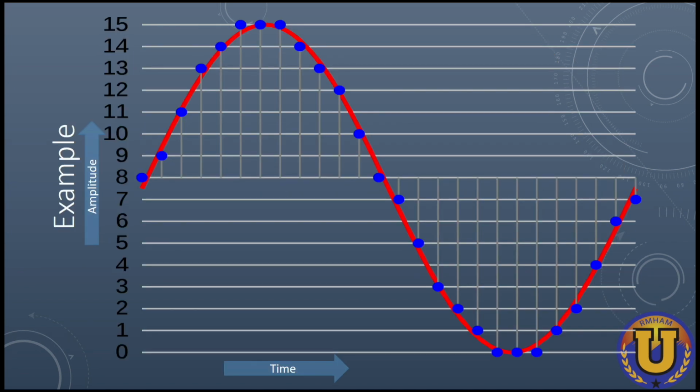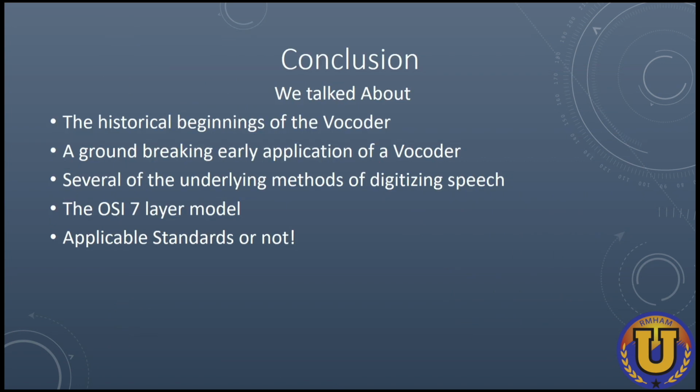But then they went back to this. 16, it's a linear PCM, linear pulse code modulation scheme with 16 sample bits. Now we've got electronics that are fast enough to be able to do that, and we've got enough memory and coding space to be able to have that many bits to define it.